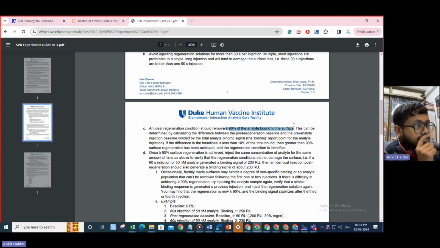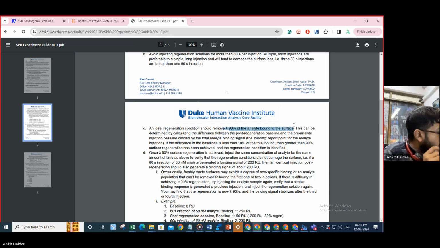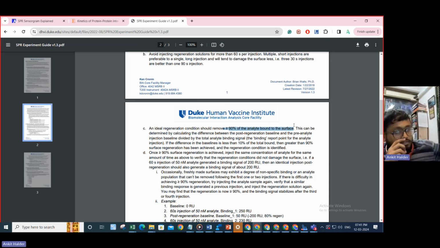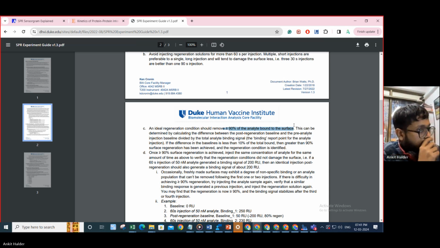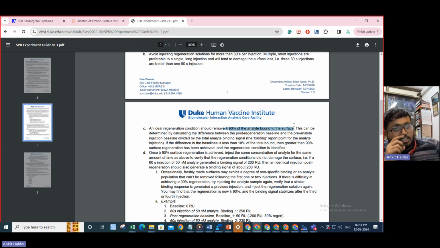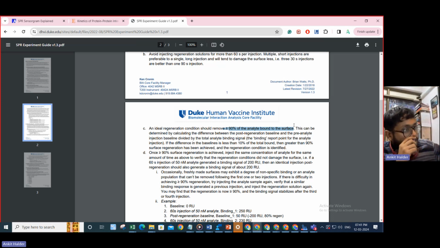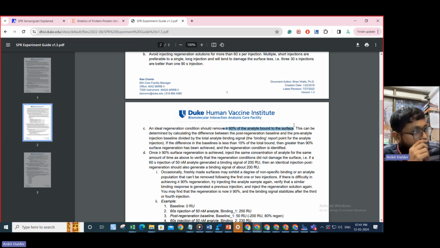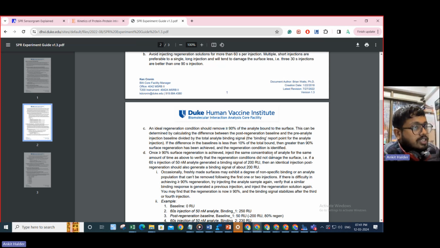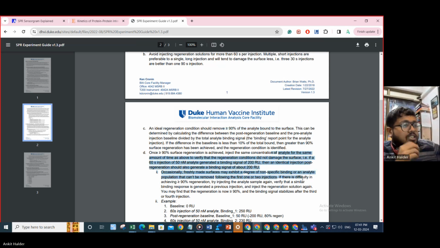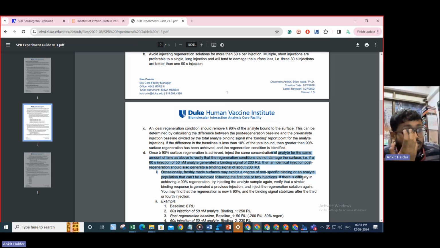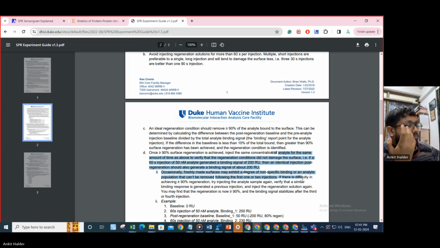If the difference in baselines is less than 10% of the total bound, then greater than 90% surface regeneration has been achieved and the regeneration condition is identified. Once greater than 90% surface regeneration is achieved, inject the same concentration of analyte for the same amount of time to verify the regeneration conditions did not damage the surface.